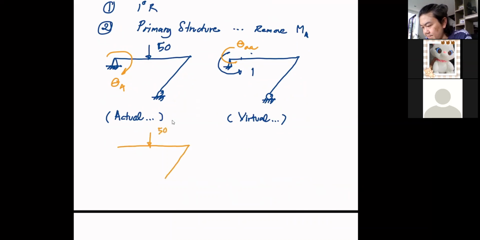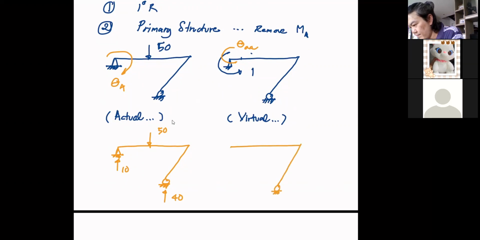It's 50. Now we have this, and then we have that. So you can easily take the moment, you know. This is going to be 40, and that is going to be 10. Okay, and for this, if we now apply 1, this is practically a couple, right?